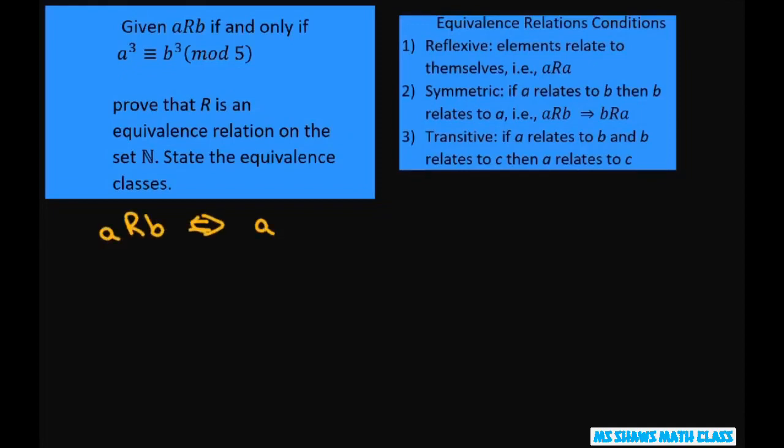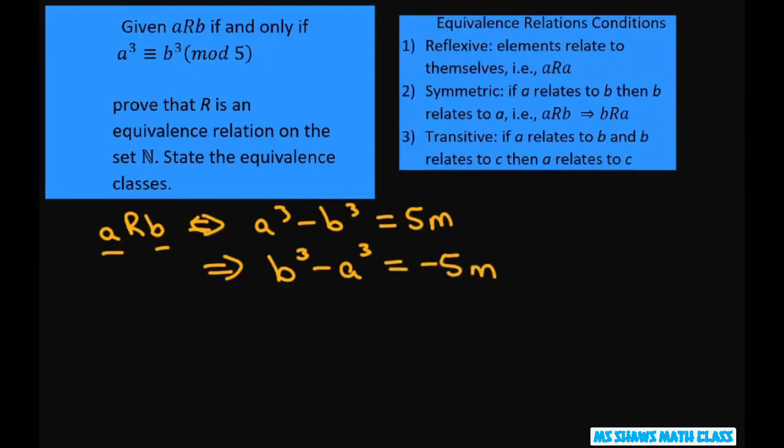Now for the symmetric part, we know that A is related to B if and only if A cubed minus B cubed equals 5m. So what we want to show is, switching the A's and B's, B cubed minus A cubed equals negative 5m.